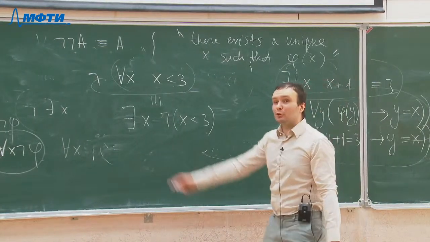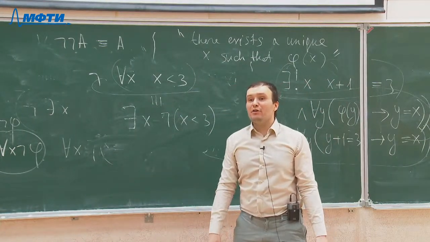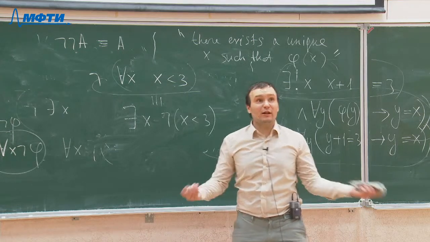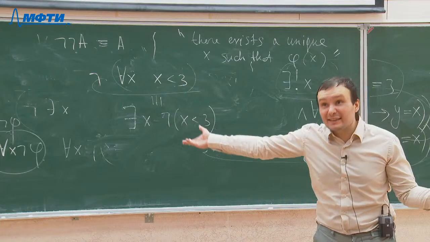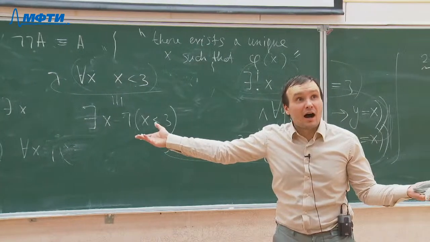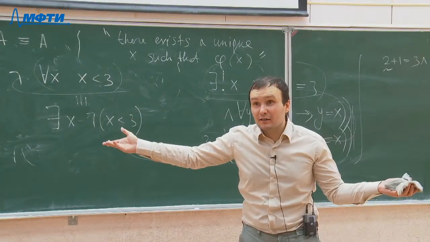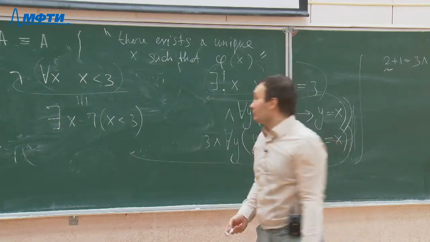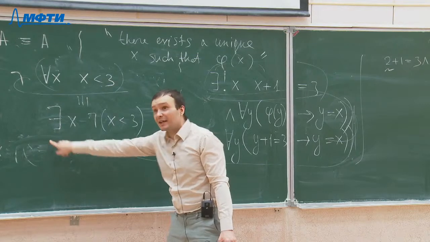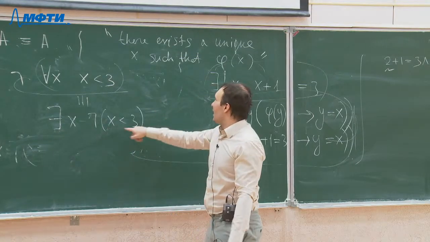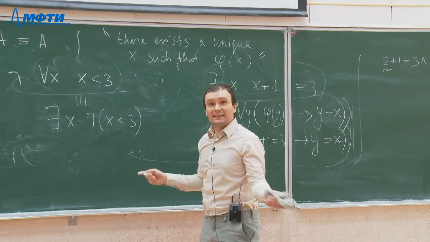How is it possible to refute a universal statement? In order to refute it, it's enough to give an example of an object which does not satisfy our property. There exists such x which is not less than 3.